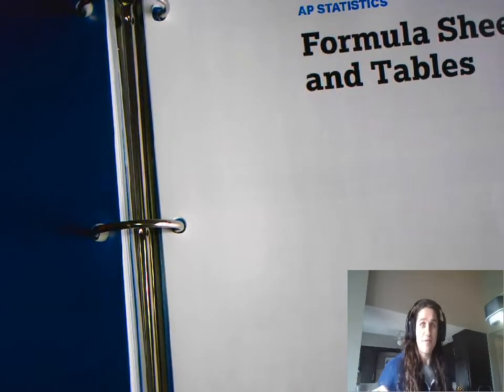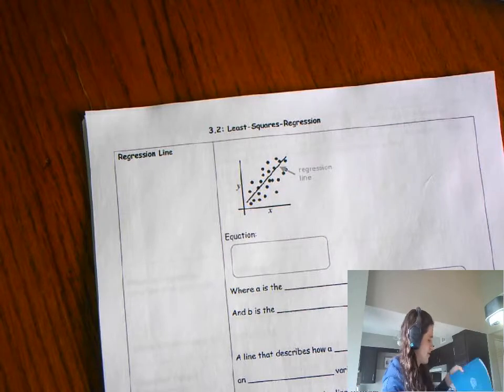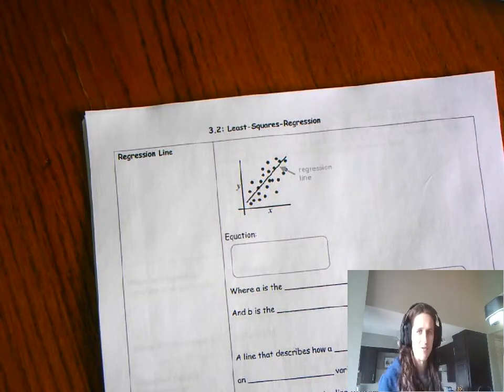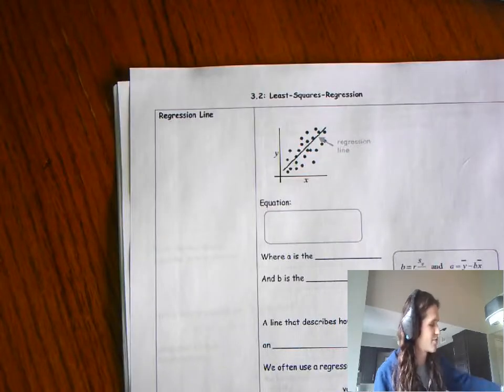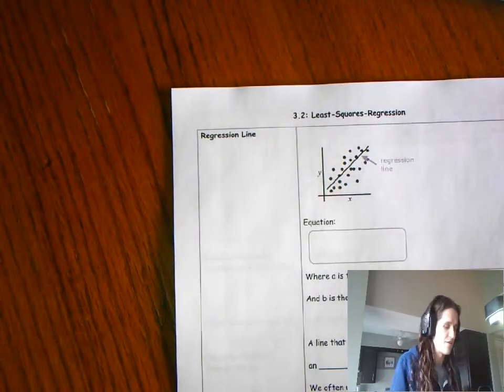Okay. Welcome back. We are doing 3.2, least squares regression. We've been talking about the relationships between, well, what kind of variables are these? They're variables we can put on a scatter plot, on the Cartesian coordinate system.